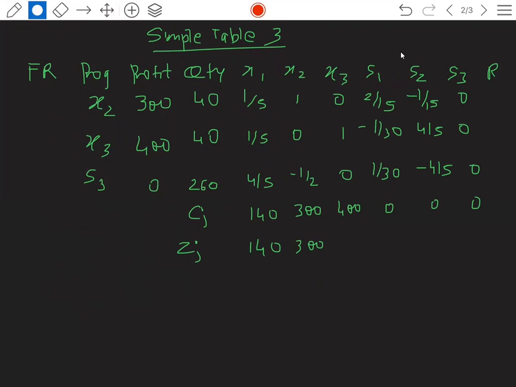So that's 140, 300, 400. Then we have this to be 30 by 3, 260 by 3.